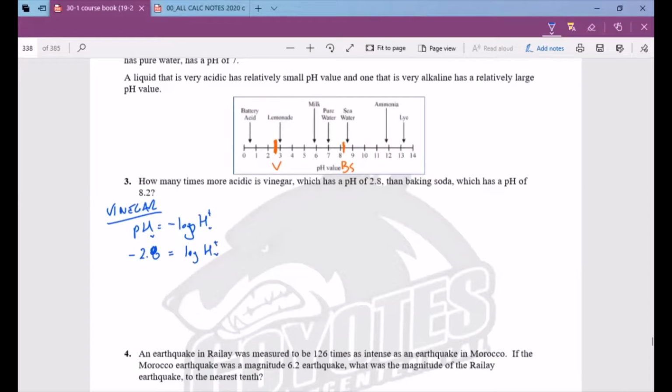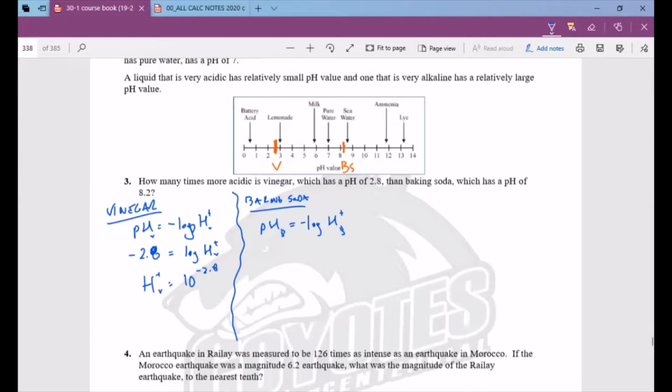Swapping this around into exponent form so we can solve for H plus, we get H plus of vinegar is equal to 10 to the negative 2.8. Baking soda: pH of baking soda is equal to negative log H plus of baking soda.